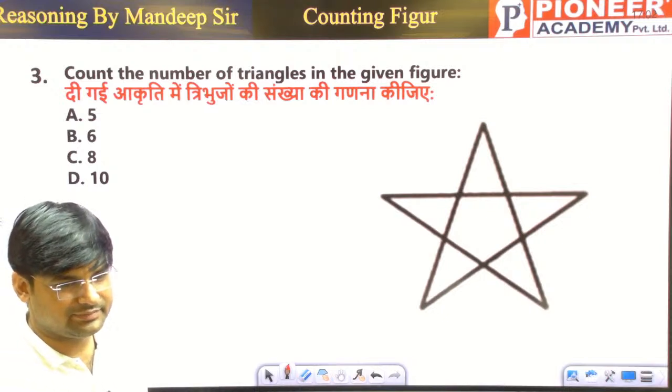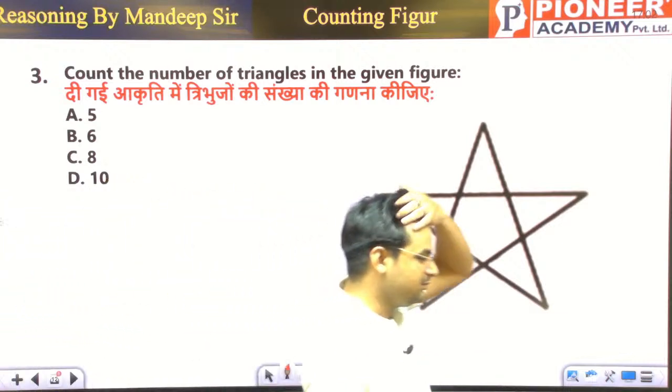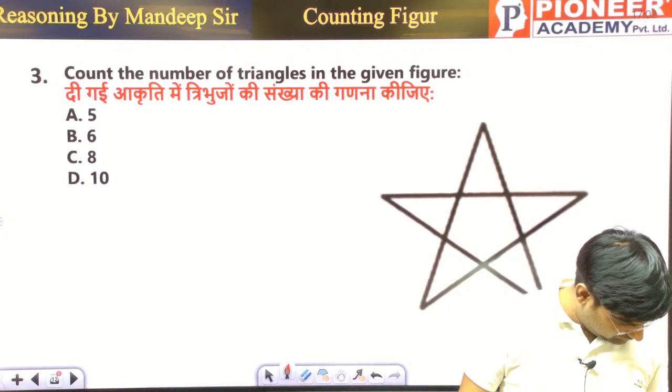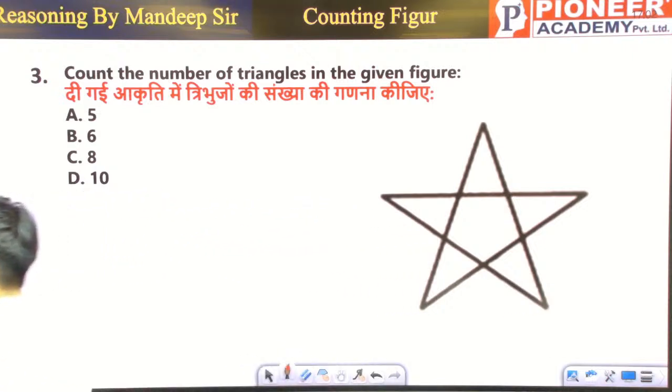How many triangles in this figure? You're not feeling well. What happened? 6.